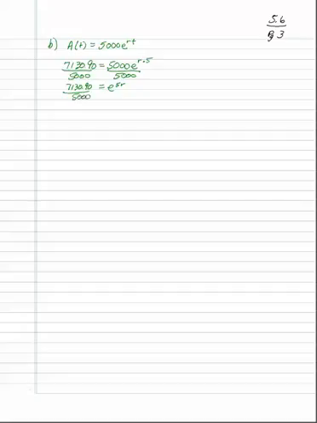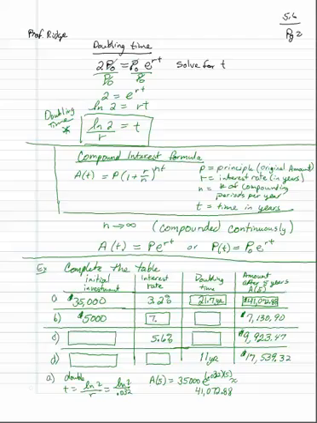Now I'm going to take ln on both sides, and then divide both sides by 5. So r is about 0.071, so that's 7.1%.